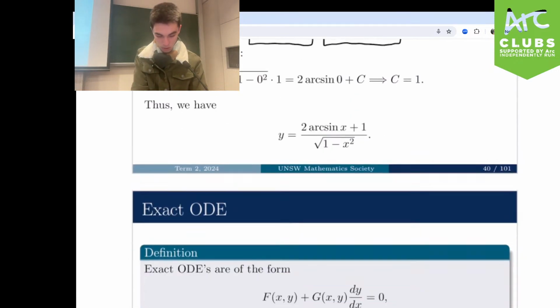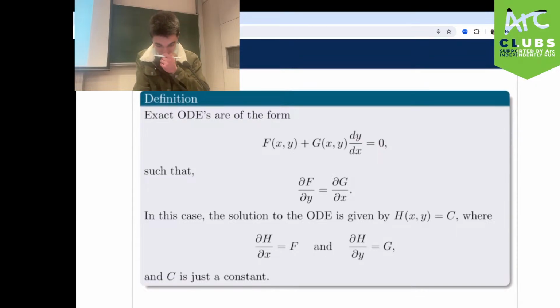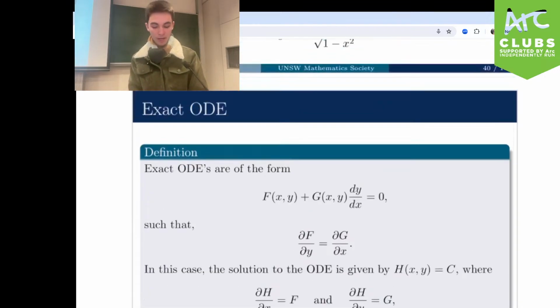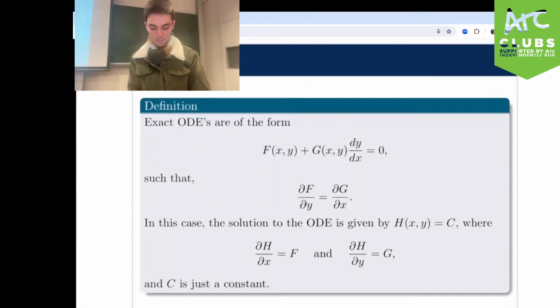Okay. Now, something more complicated. Exact ODEs, right? So this is when you're given an ordinary differential equation that's a little more complicated than a linear first order, where you have on your left-hand side a function of x and y plus another function of x and y times the derivative of y with respect to x, so dy dx.